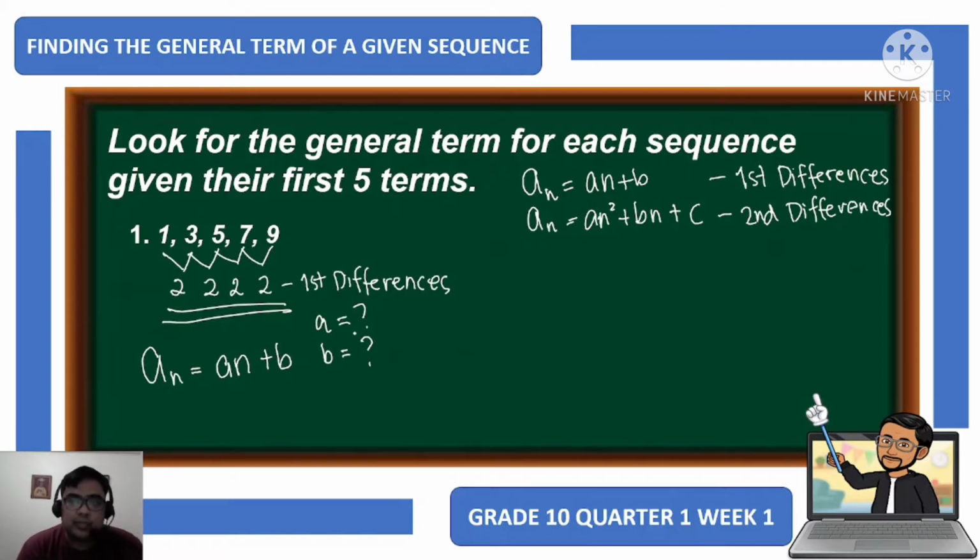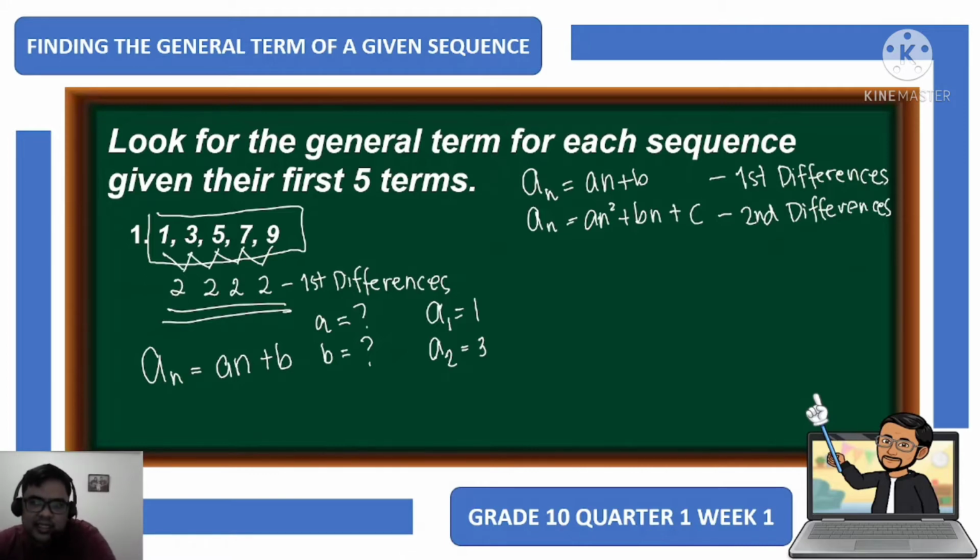Since dalawa yan, 2 equations lang. So, saan natin kukunin yon? Gamitin natin itong linear form, pero sa tulong ng terms na binigay. So, since dalawang variable yan, we can use a sub 1, which is 1, and a sub 2, which is 3. Yan lang dalawang terms ang gagamitin natin, since dalawang equation lang ang kailangan natin.